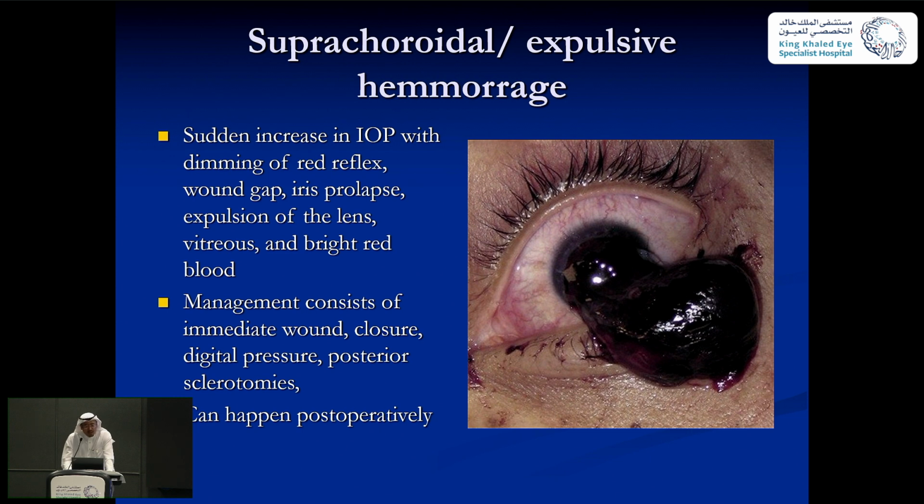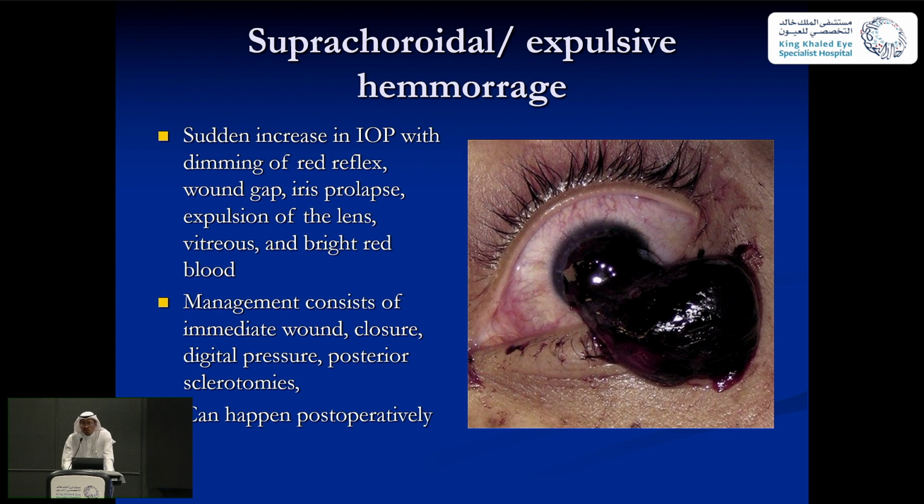The technique for that is to put a finger over the wound and try to suture as much as you can before everything comes out. Management consists of immediate wound closure, digital pressure, posterior sclerotomy.